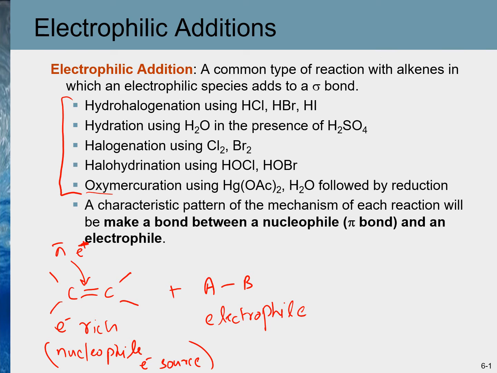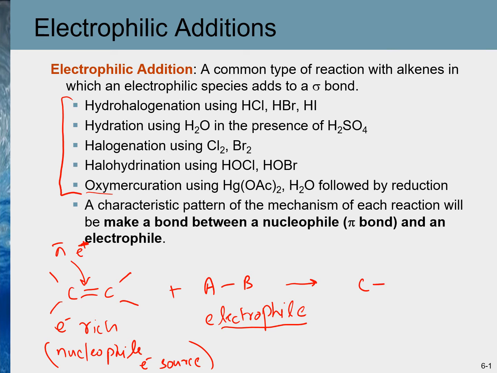And as we learned, nucleophiles seek to donate electrons to a species which lacks electrons, and that species is an electrophile. So therefore, in all these reactions, an electrophile will get added across the double bond.